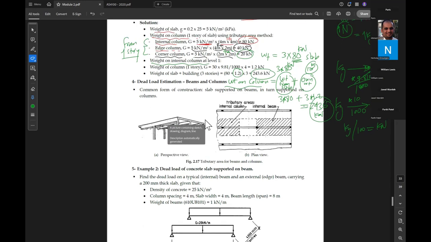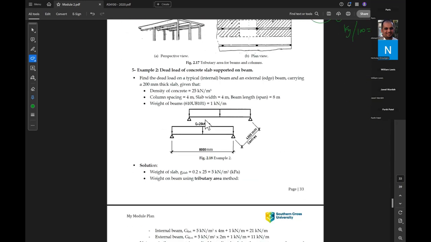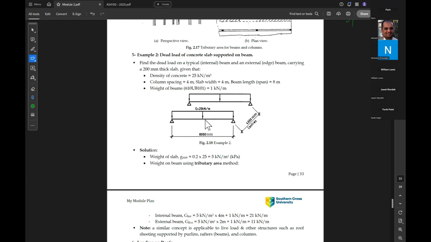So let's jump to another example here. If you have any questions, just let me know, guys. For this example, we have dead load of a concrete slab supported on a beam. We need to find the dead load on a typical or internal beam and external edge beam carrying a 200 millimeter thick slab.